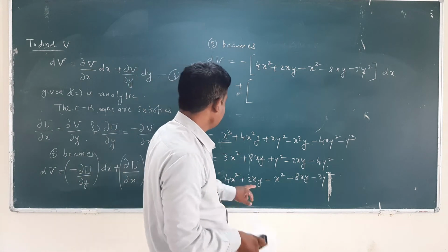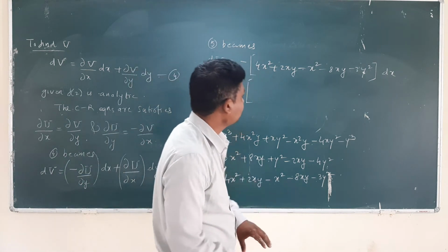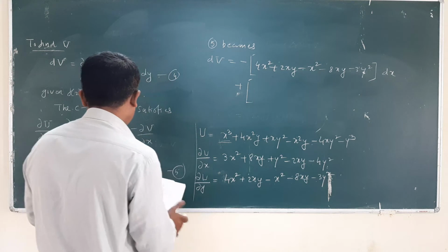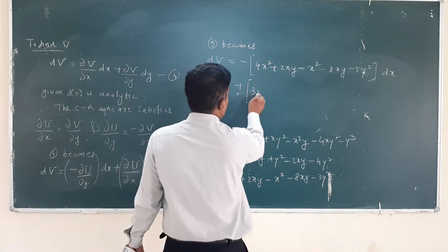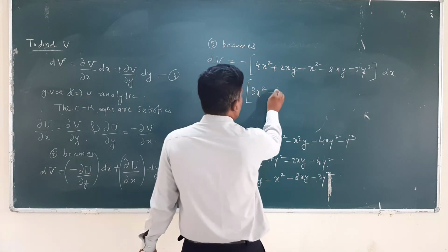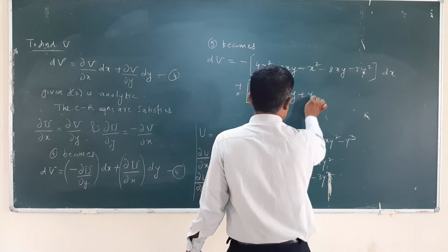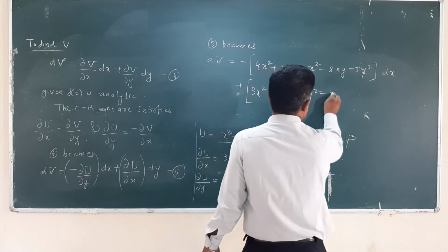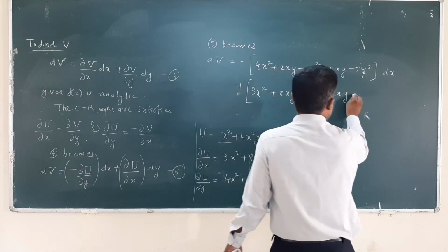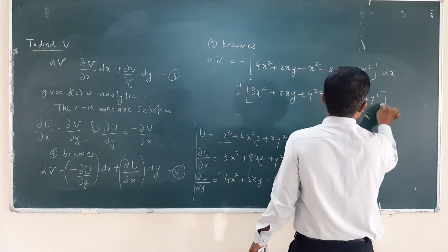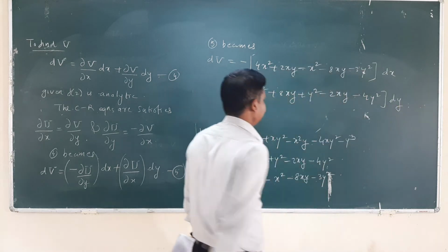So this is 3x², 2x² − x², minus 3y². Now ∂u/∂x is (3x² + 8xy + y² − 2xy − 4y²) dy.